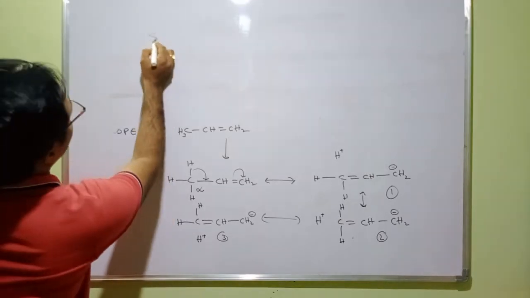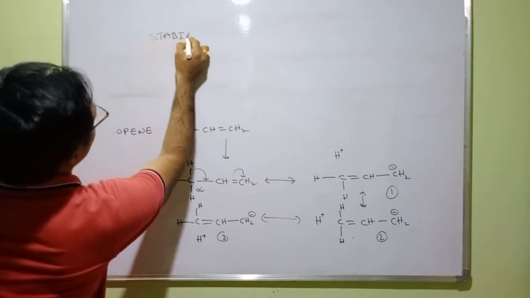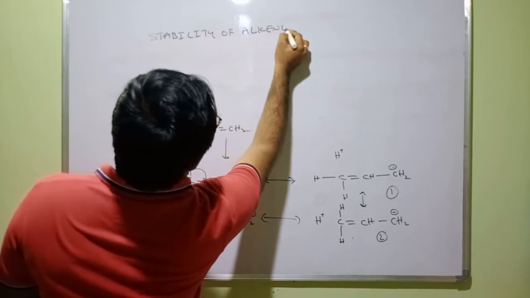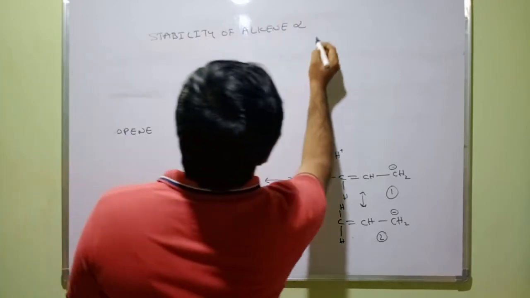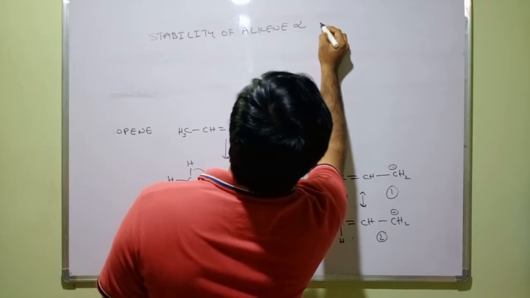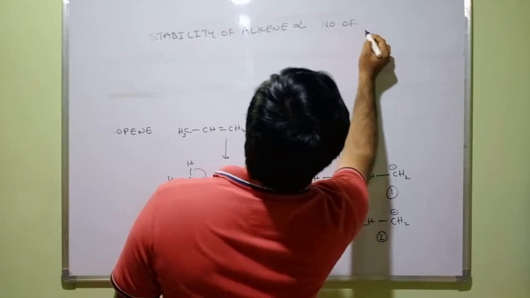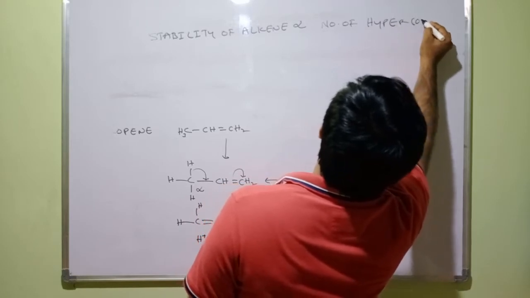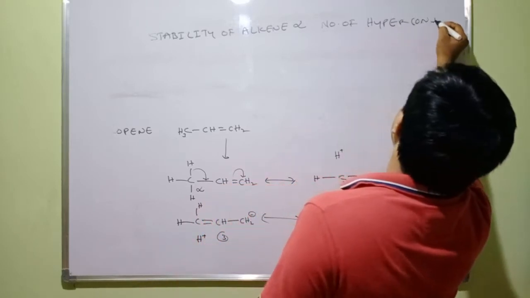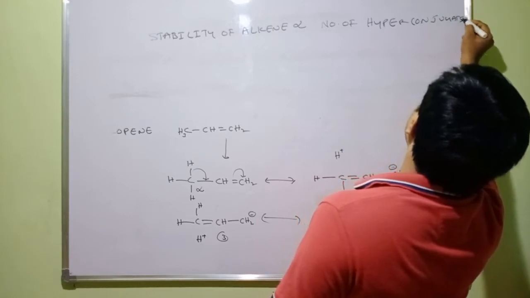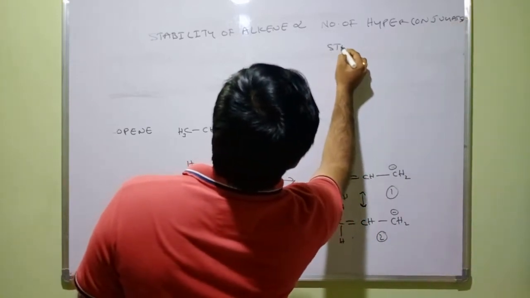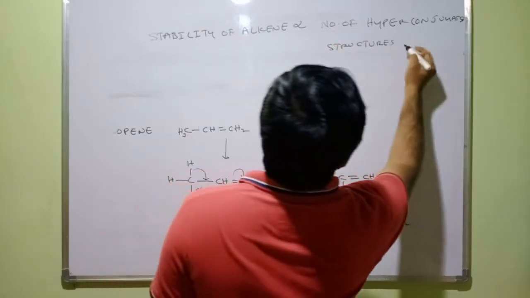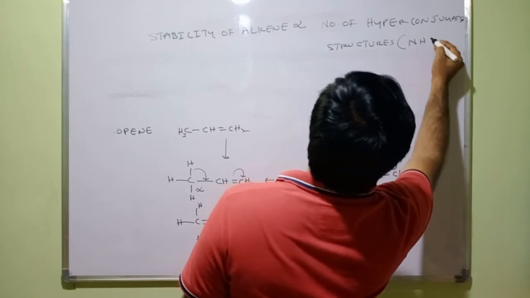So the stability of an alkene is directly proportional to the number of hyperconjugative structures.